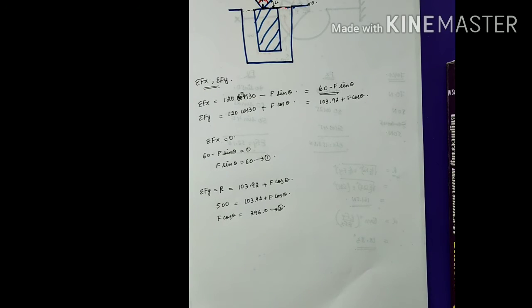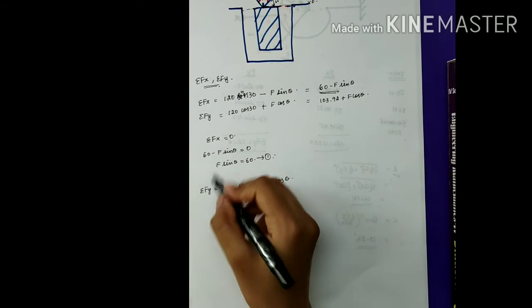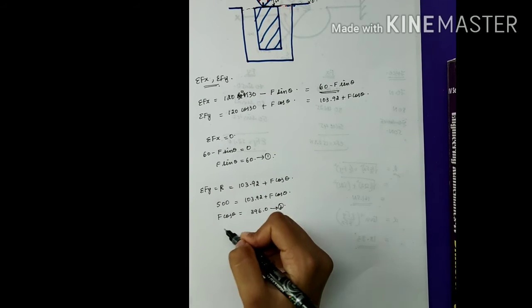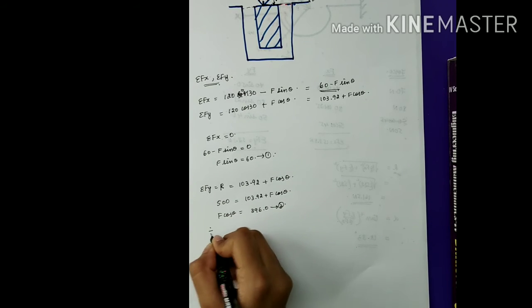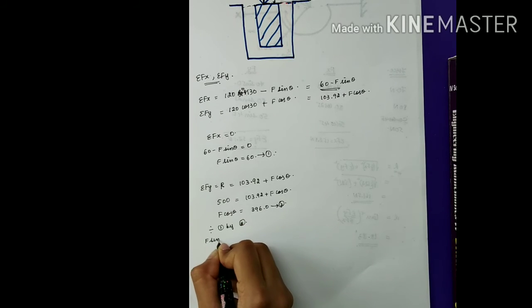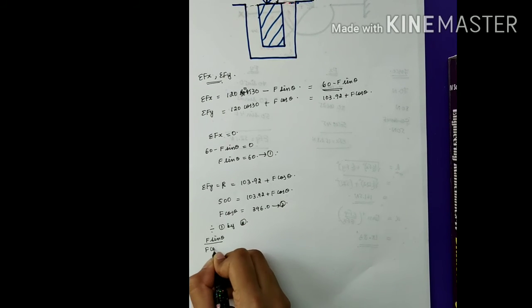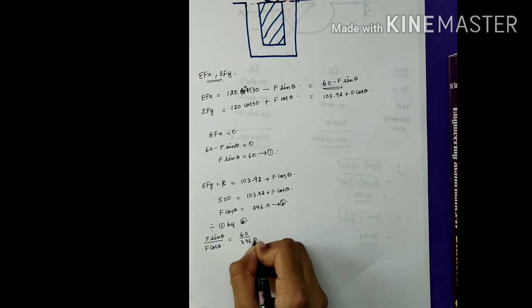Now if we divide equation 1 by equation 2, F gets cancelled. Sin by cos will be tan, so we will get the angle of inclination. Dividing 1 by 2, we have F sin theta by F cos theta equals 60 by 396.0.